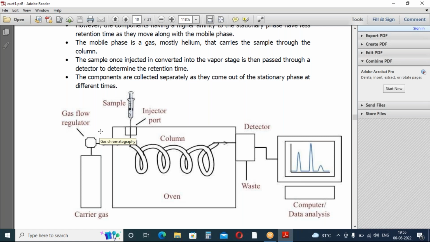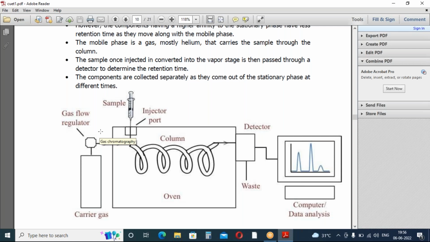Understood? The sample is injected into the column in the form of vapor and passed through a detector, and the retention of the gas or liquid particles onto the stationary phase causes the separation.